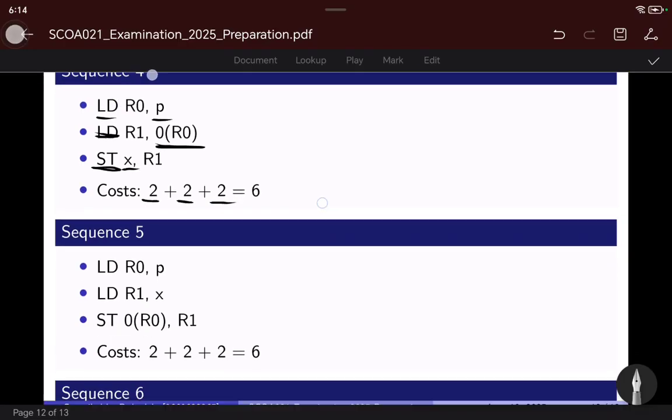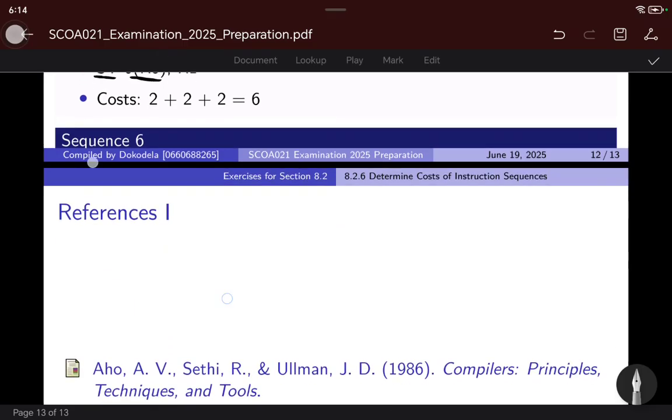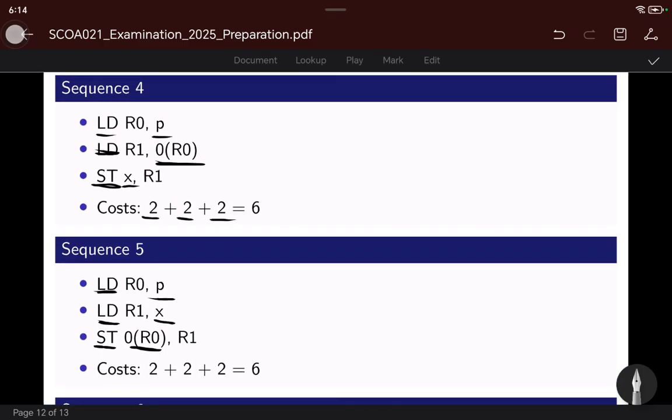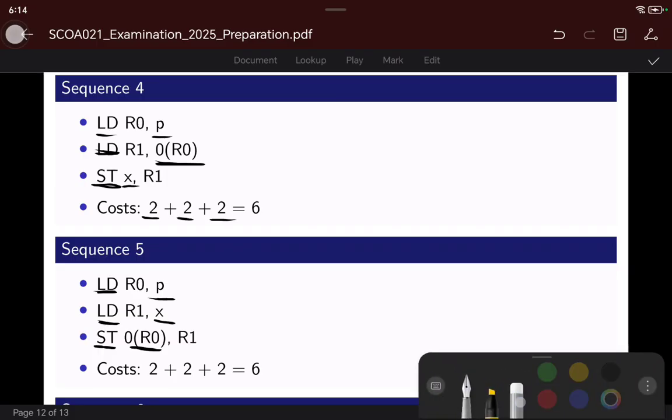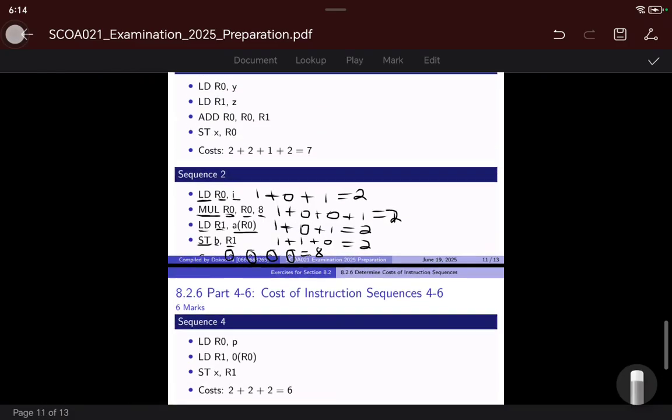And then this one again, load P, load X, load, this 2 to 2 is 6. The same thing. So we say that using registers is simple, and also calculating the cost.